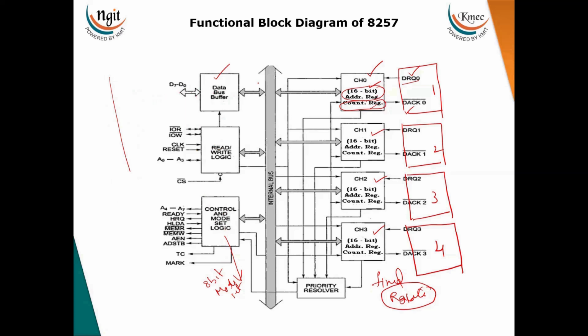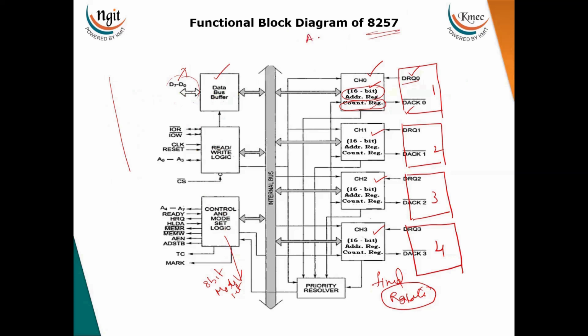Now once after attaining the mastership, the 8257 will transfer the data from the IO device to the memory by using this data bus. Because 8257 is now master, it has to generate the address.